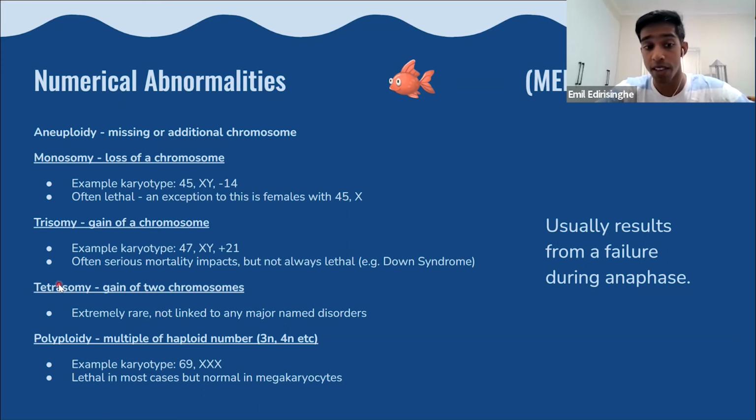Then there's also tetrasomy, which is extremely rare. It's not linked to any major named disorders because it's so rare, and this one is also usually lethal when it happens. Then finally, in terms of numerical abnormalities, there is polyploidy. Polyploidy is different from aneuploidy in that it is a multiple of the haploid number.